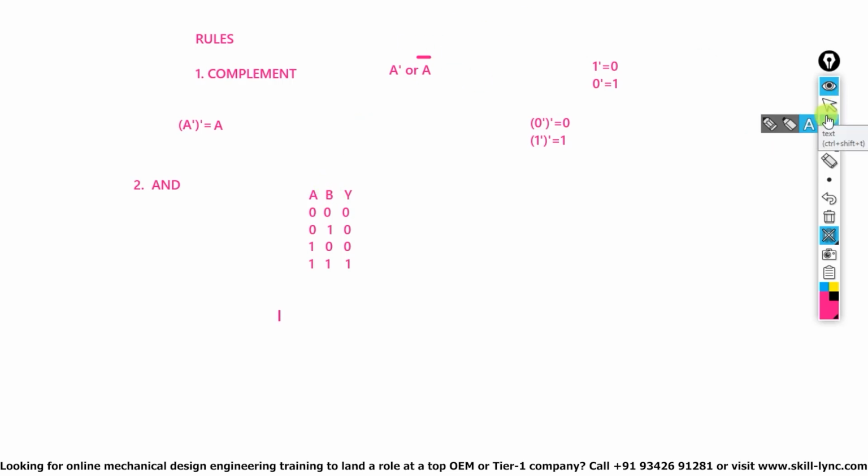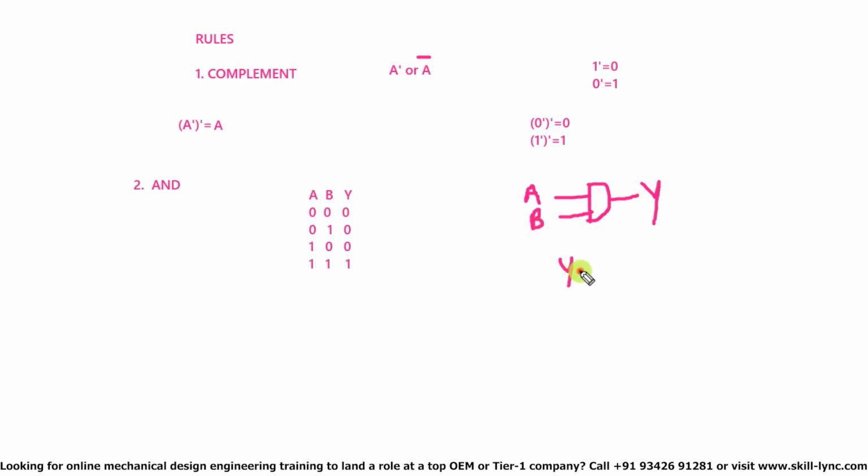And if you remember the symbol, let me draw the symbol also, just for revision. It is an AND gate, with inputs A and B and output Y. So Y is equal to A dot B.